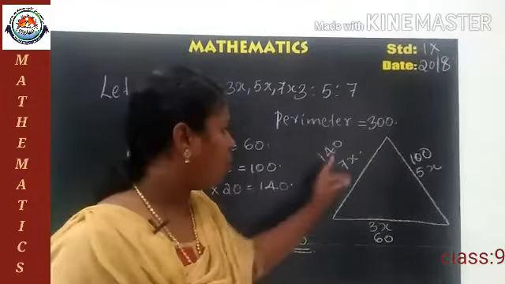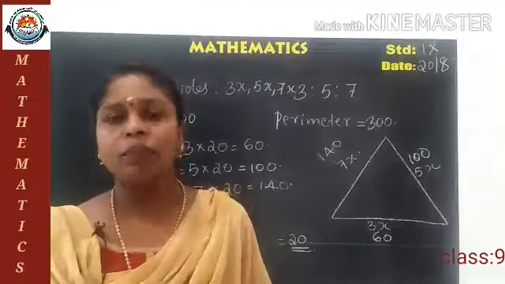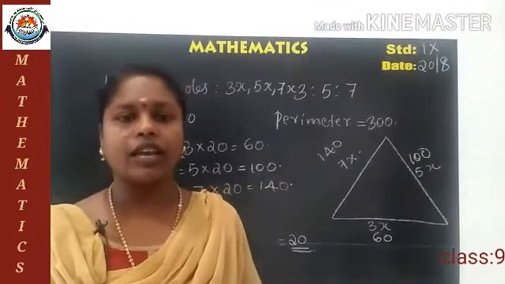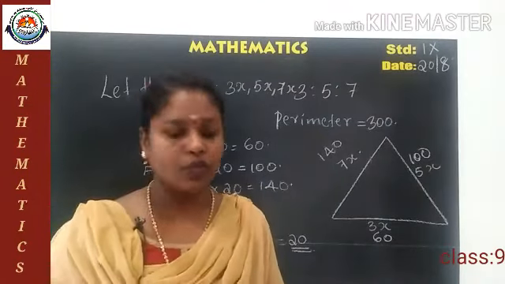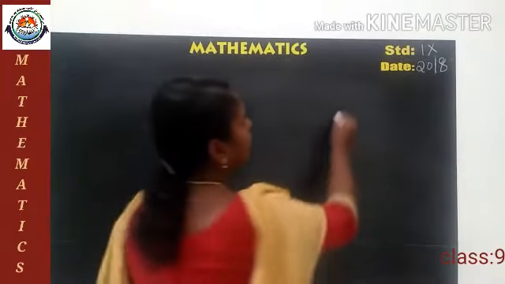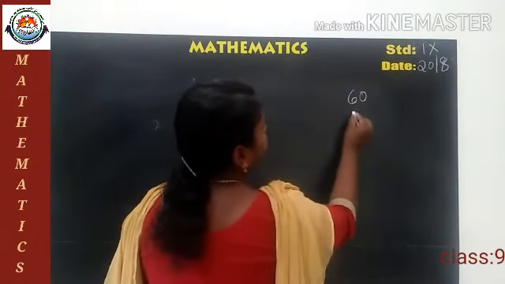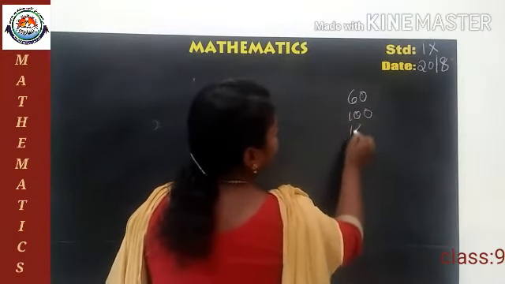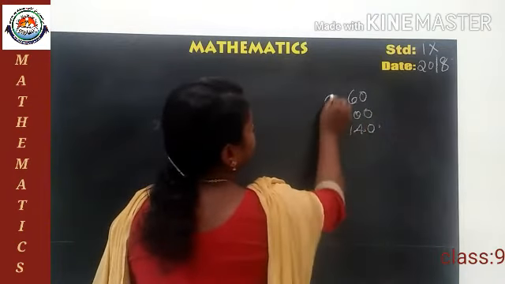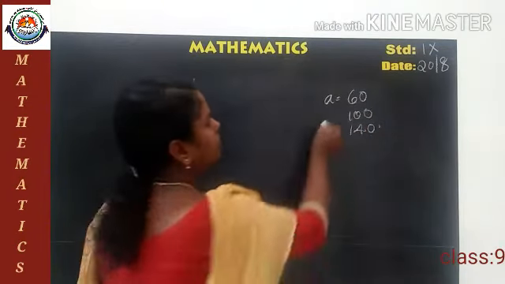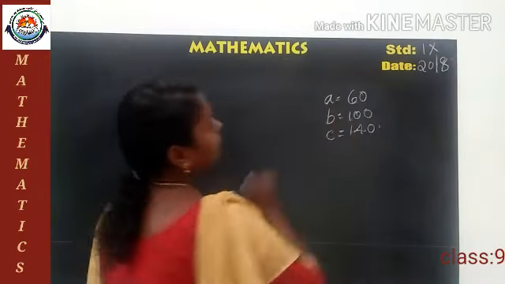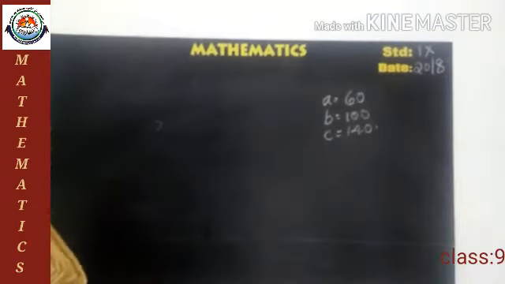Using the measure of these three sides, we can find the area of the triangle by using Heron's formula. The three sides are 60, 100, 140. Suppose we take a equal to 60, b equal to 100 and c equal to 140.